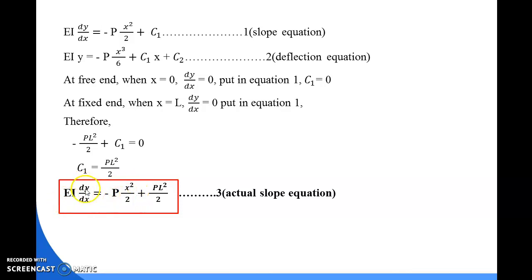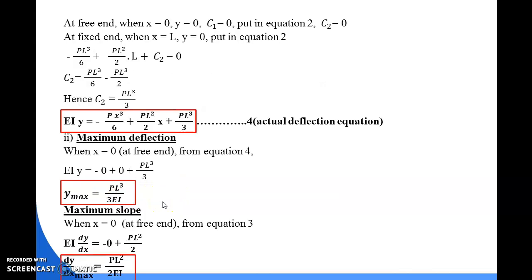Hence EI dy by dx is equal to PL square by 2. So dy by dx max will be PL square by 2EI. So for the cantilever beam with a point load at its free end, the maximum deflection will be PL cube by 3EI and the maximum slope will be PL square by 2EI.